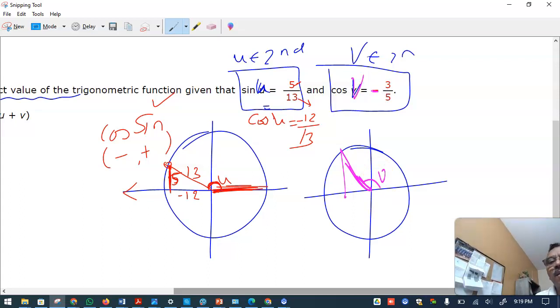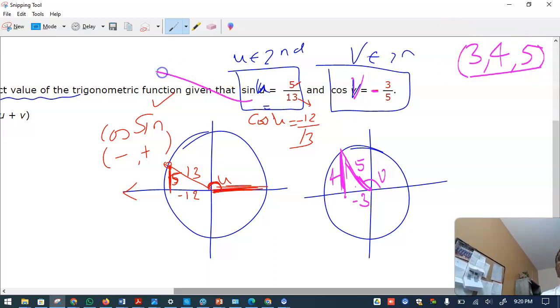Cosine is the adjacent over 5, so this is negative 3 and this is 5. And so this becomes 4, because 3, 4, 5 makes a Pythagorean triplet. That's what I did on the first one also. 5, 12, and 13 always make a Pythagorean triplet.